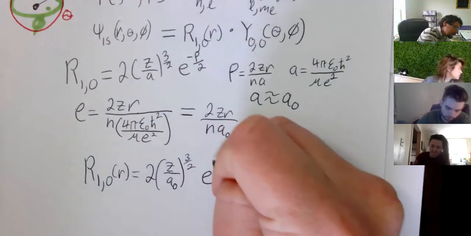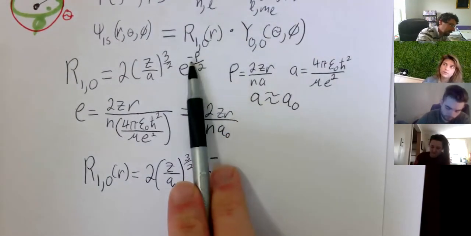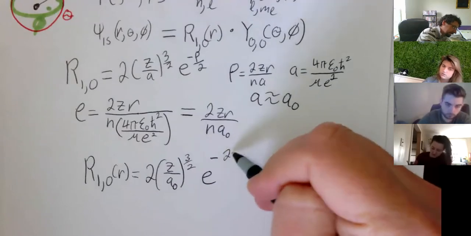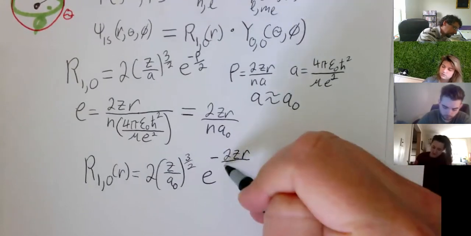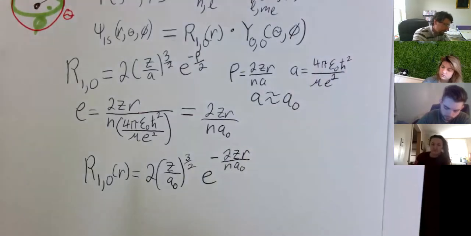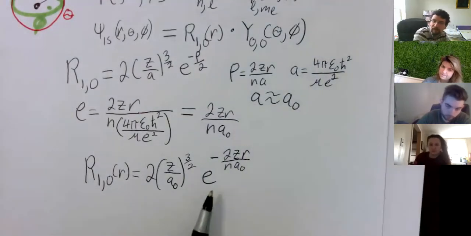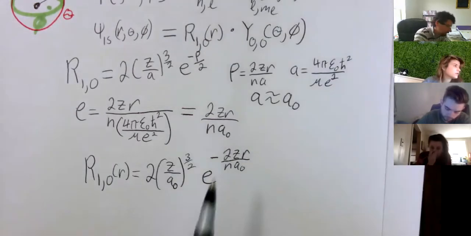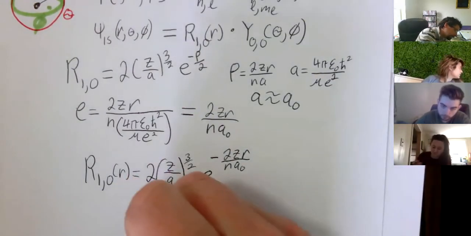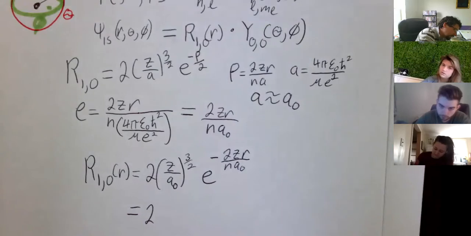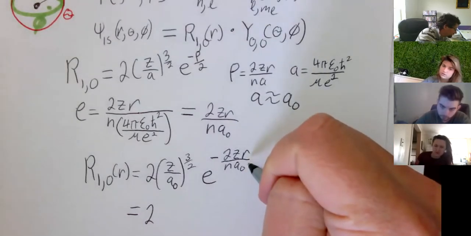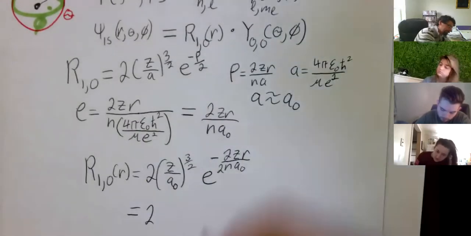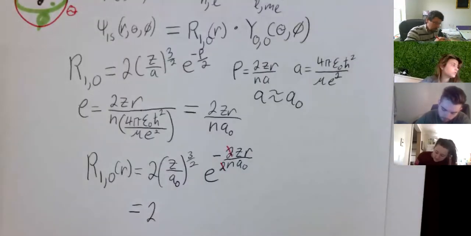Then we get e to the negative, what's going to follow in place here? 2ZR over NA. Yep, A naught. Okay, we can simplify this a bit further. What else could we do to make this portion more simple? Should the 2 be gone because it's negative rho over 2? Oh yeah, there is a 2 down here. So the 2's cancel out. Forgot a 2. What else?